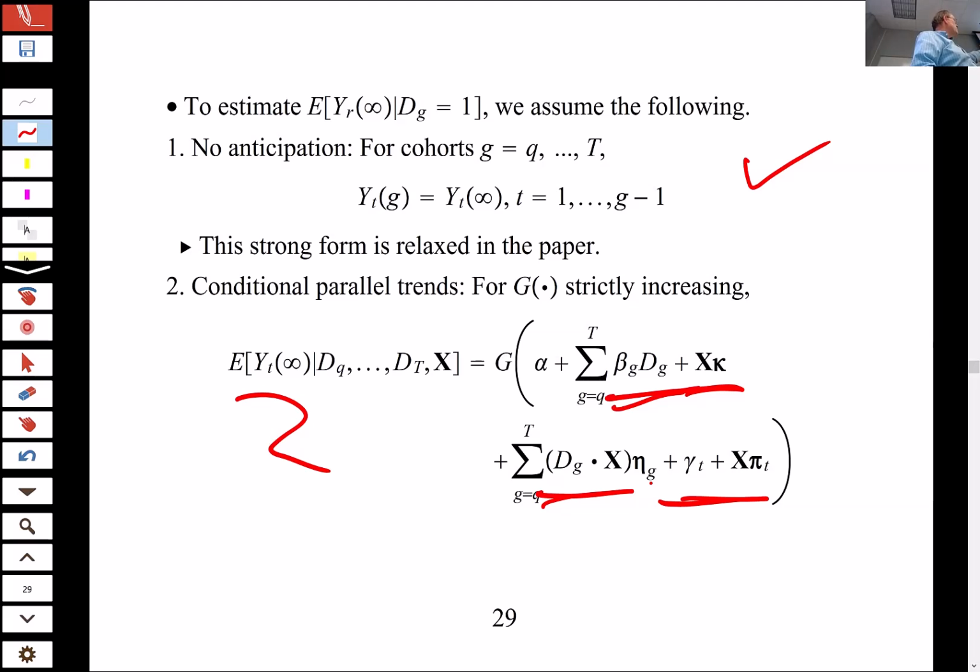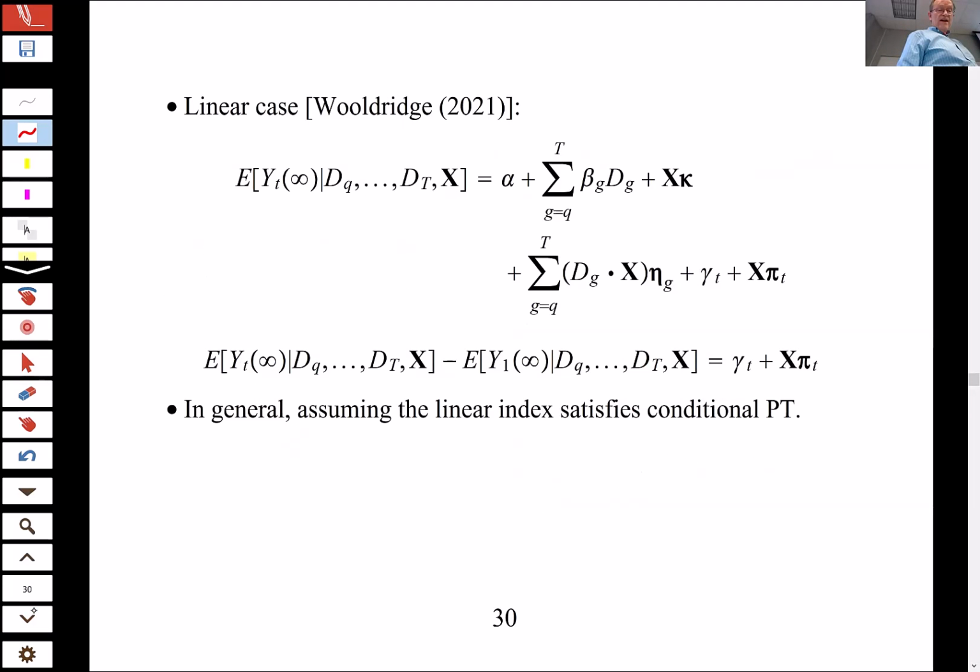Except for choosing the function g, it's hard to imagine you could be more flexible. You're basically saturating the equation. Of course, you could argue about the linearity in x, but x can be interactions and cross products and so on.